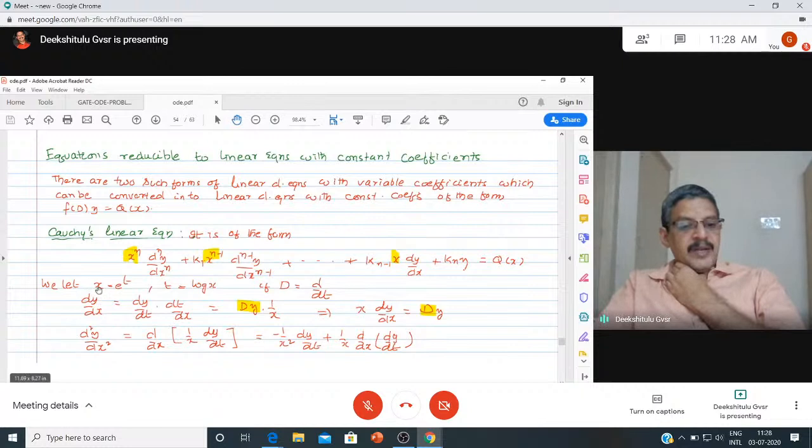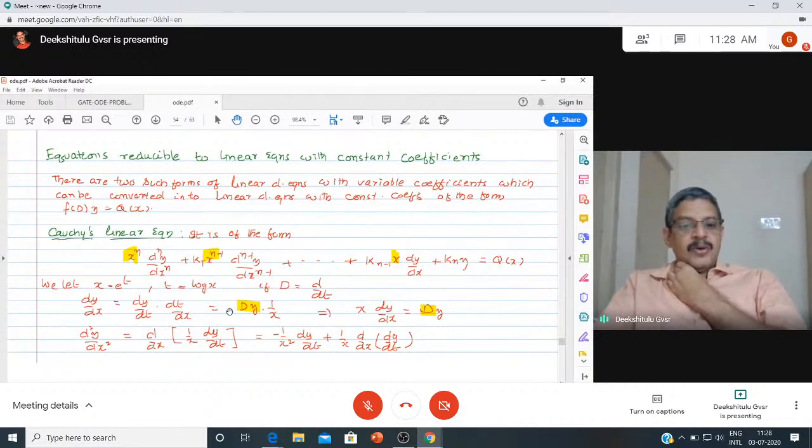Then we are using chain rule. We have discussed it in ordinary derivatives and partial derivatives. We apply chain rule. Y is a function of x and x is a function of t. So dy by dx becomes dy by dt into dt by dx. So dy by dt is capital D of y and dt by dx, t is log x, so what is dt by dx? 1 by x.